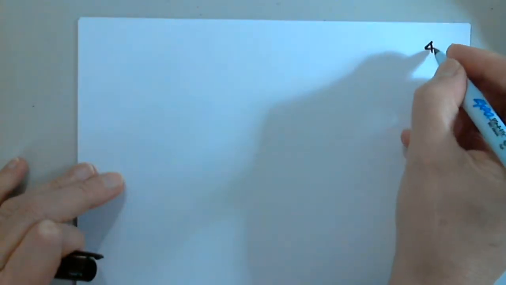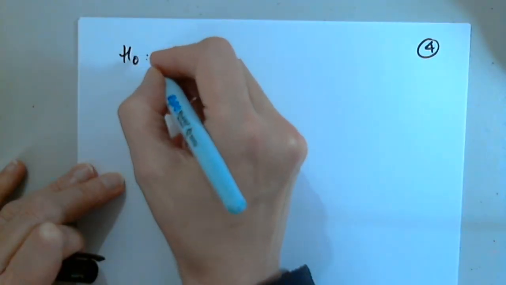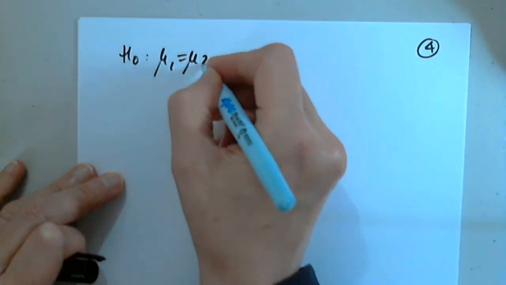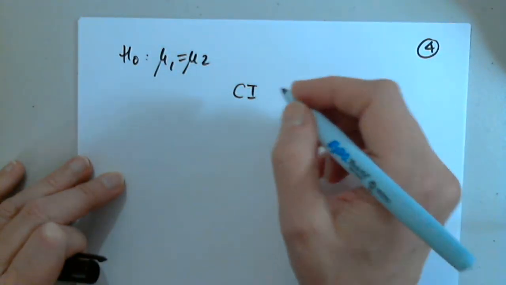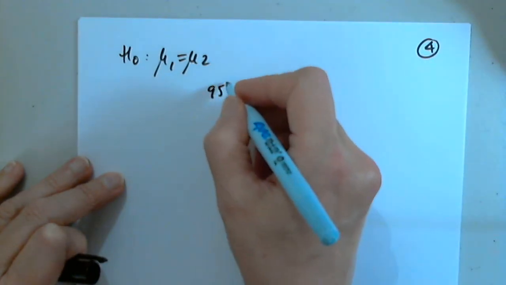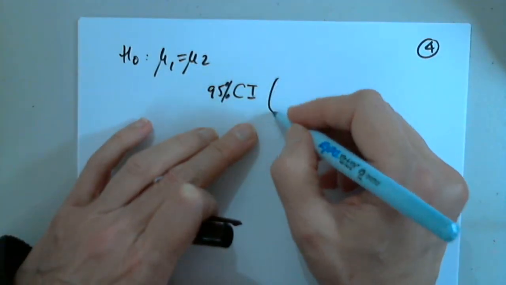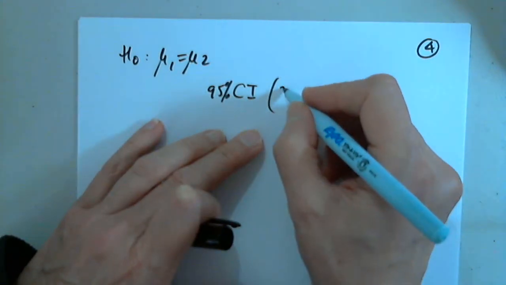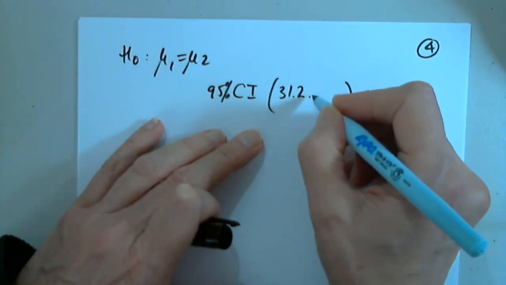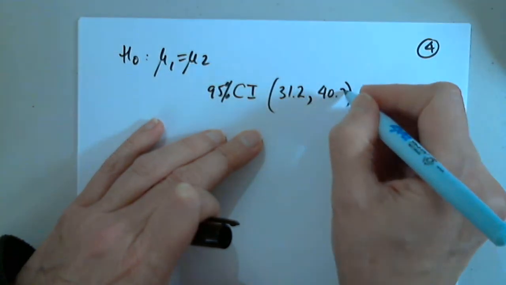If the null hypothesis is mu1 equals mu2, and the confidence interval, let's say 95%, doesn't matter, has, let's say, 31.2, comma, 40.2.